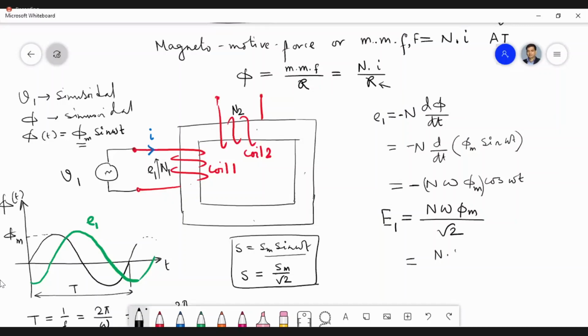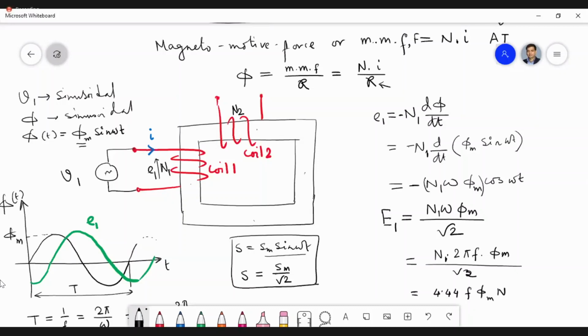And this omega, you know, is 2 pi f. This is phi m, and this is root 2. So that means we can write this equals 4.44 f phi m N1, for coil 1, we should write N1. So everyone, substitute this N1.